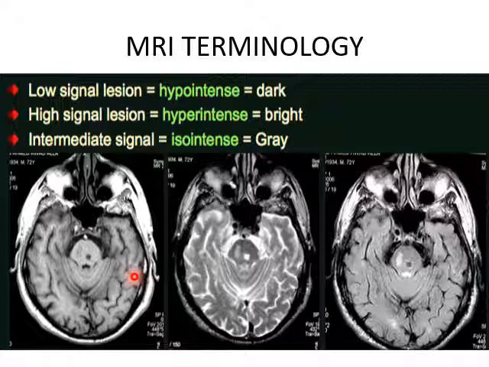Like CT, where in terminology we have hypodense, hyperdense, and isodense, in MRI it is hypo-intense, hyper-intense, or iso-intense. So this lesion is hypo-intense. This is hyper-intense. Do you see this faint lesion? It is nearly iso-intense.